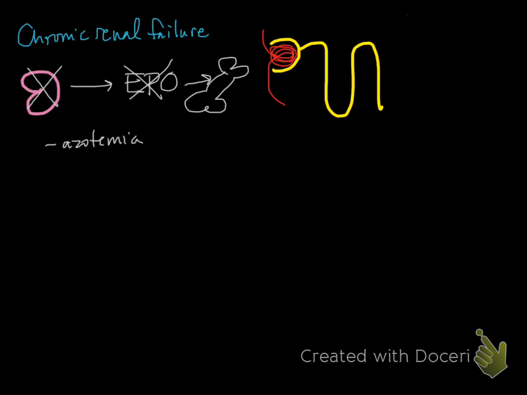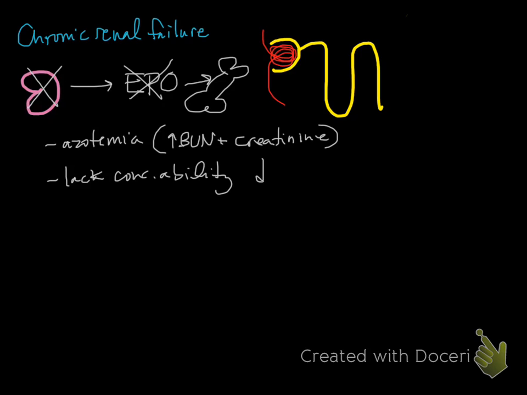That's an increase in nitrogenous waste products, so that's BUN and creatinine. We've talked about BUN a little bit, not creatinine. And a lack of concentrating ability. So your kidneys can't concentrate, and we see that as a decreased urine-specific gravity. The real one that we look at is isostenuria, which means that the concentration of your urine is no more than the concentration of your plasma.